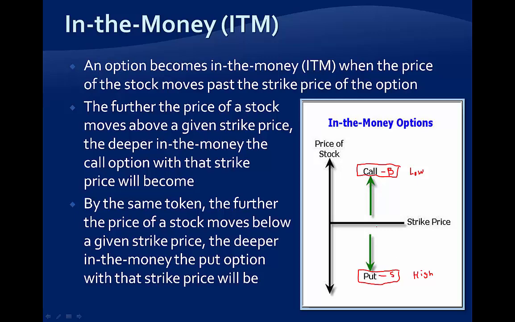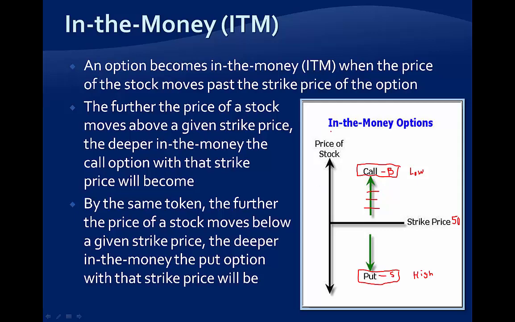So think about it. Stock price going up above your strike price in a call. If I own a 50 strike call, let's just call this strike price 50, and this stock is going up, up, up above that, is my call option giving me the right to buy low? Yes, it is. It's giving me the right to buy down here at 50 and the stock's at 52, 54, 56, 58.